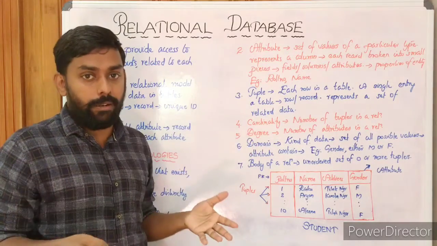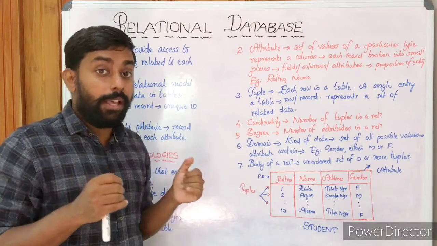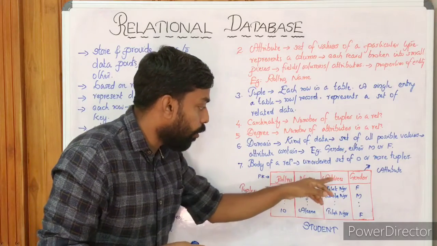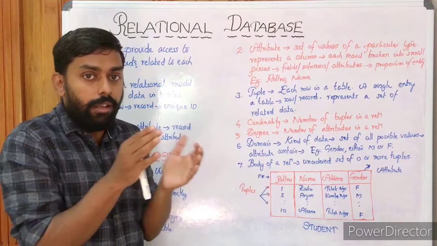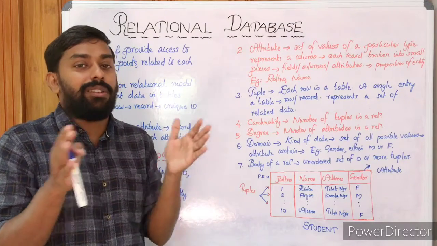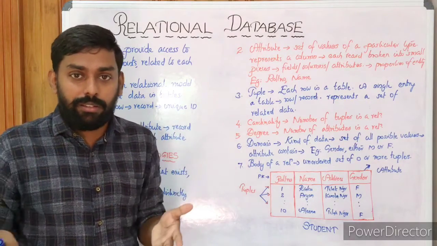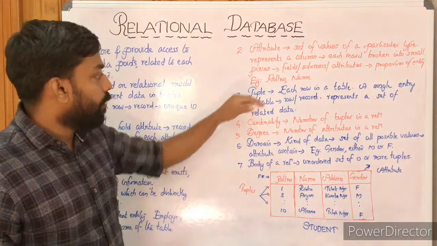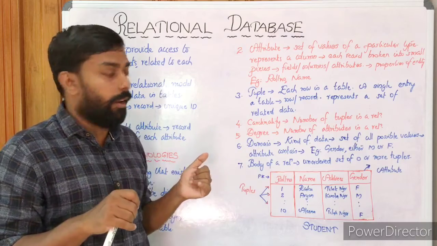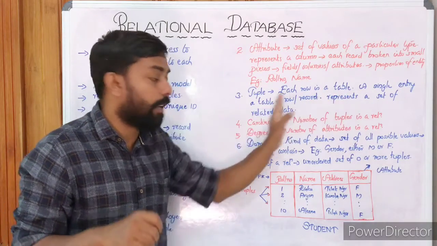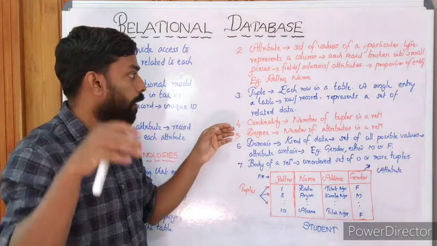It represents a set of related data. There is no such salary or other kind of things, right? So that's what a tuple is: simply a record or row in a table. It represents a set of related data.